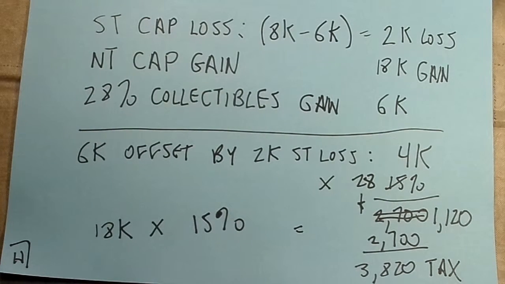And then when you add the two taxes together, the 1,120 and the 2,700, he's actually going to pay $3,820 in tax just from capital gains. This will show up in one line on his return, and then on other lines on the return, we'll see taxes for other things.